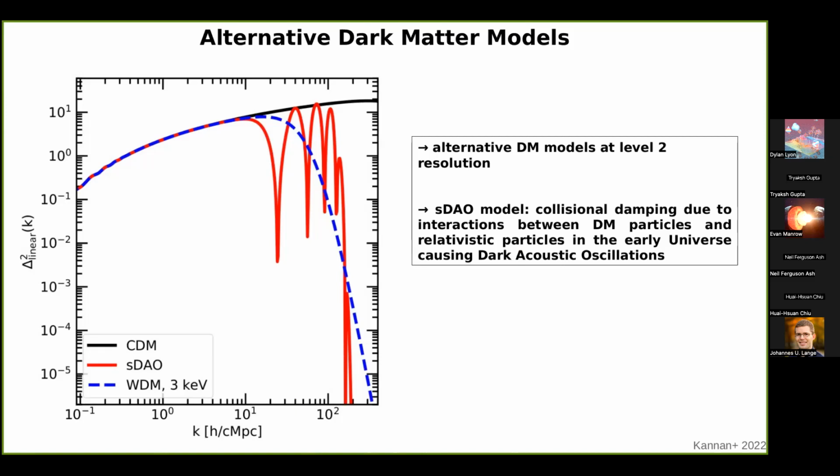There are some things that are different between, if you just look at the galaxy formation impact and the impact of alternative dark matter models. For example, if you think about SIDM, which is a variant of this, or SDAO is a variant of SIDM, then you can show, for example, we had recently a PRL where we looked at the metallicity distribution in galaxies.